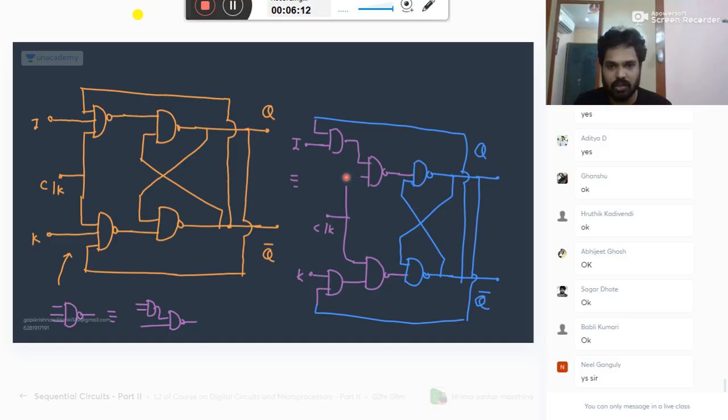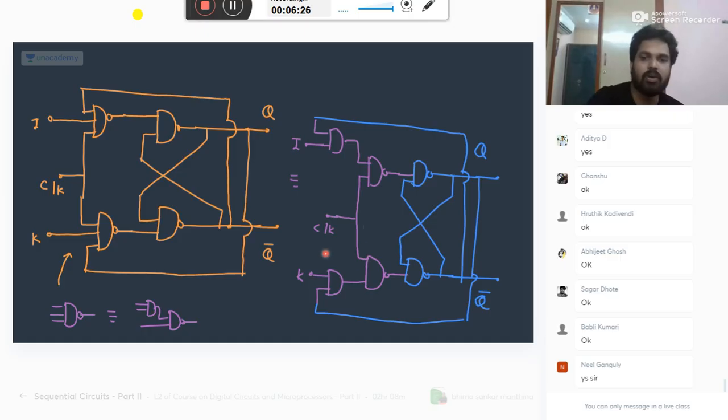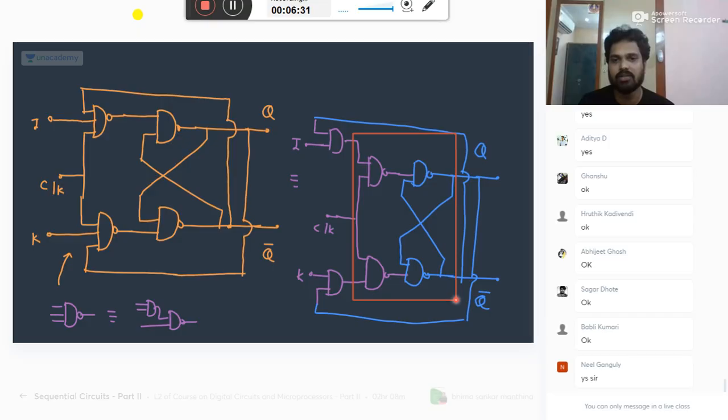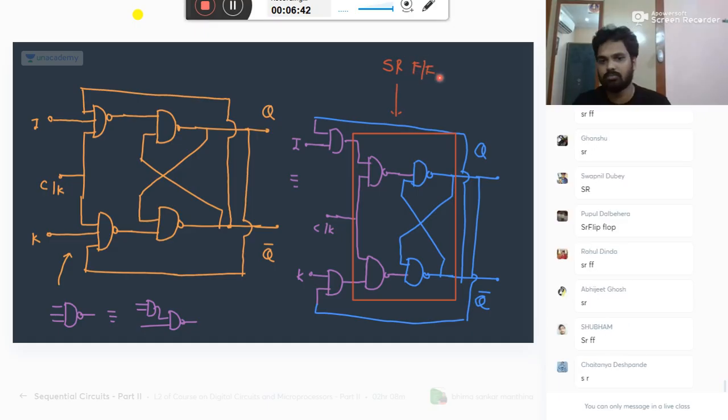Both are the same figures only. The important observation is, if you take one rectangle here, what is this one? From yesterday's discussion, it is just like an SR flip-flop. This box part is just like an SR flip-flop.